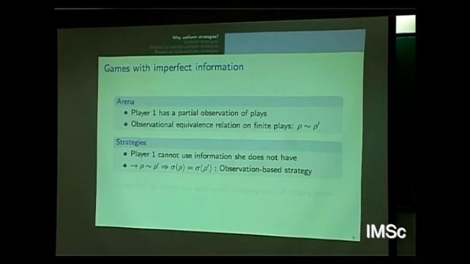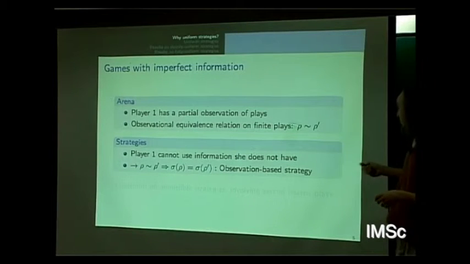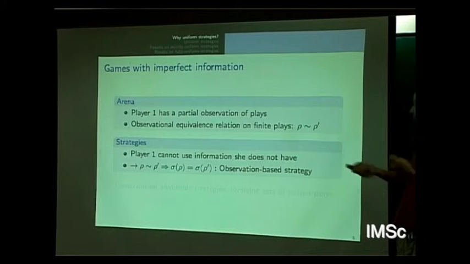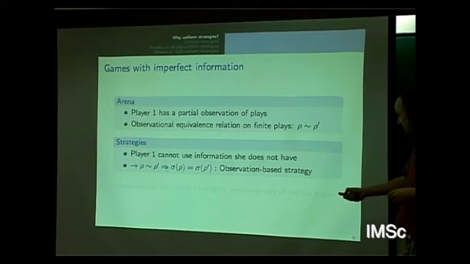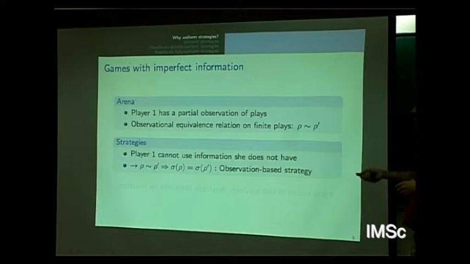So you see that this constraint changes many things in solving games. As soon as you have imperfect information, you have this relation between plays that player 1 cannot distinguish. And because of this constraint on strategies, that is often called observation-based strategies or imperfect information strategies or even uniform strategies sometimes, this constraint changes the nature of the game and the results, the existence of strategies and the complexity of deciding this.